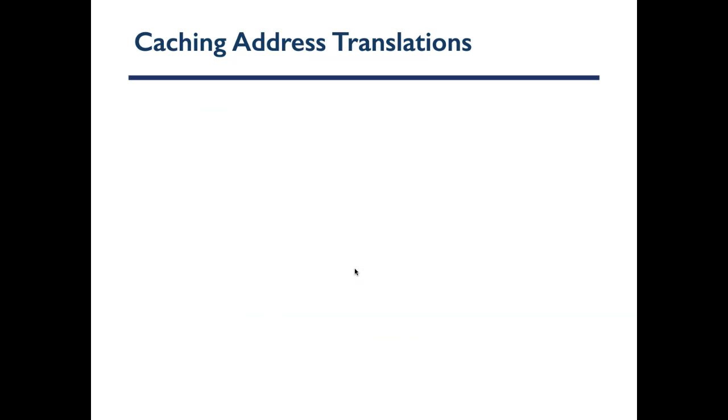If it is done in software, then it's even more expensive. But if it is done by hardware, you might still have to access memory like 5 times to translate one address. And the end conclusion there was, well, we need to cache these translations. And that's why we started talking about caches. So now we're going to see how caches could help us with address translation.